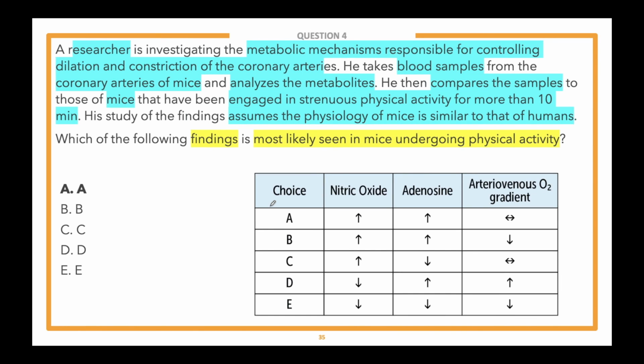Now, this will lead to an increase in blood flow, but not a significant increase in oxygen extraction. The reason is the coronary arteries and the myocardium actually have the highest percentage of extraction of oxygen from blood of any organ in the body.